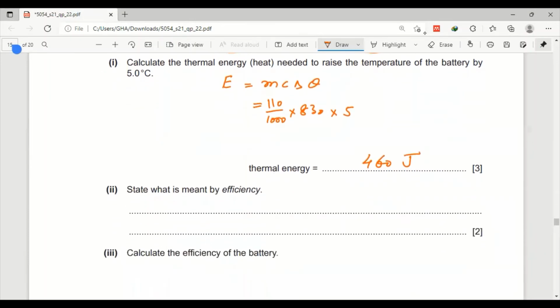Next, state what is meant by the efficiency. The efficiency is the ratio between output energy and input energy.